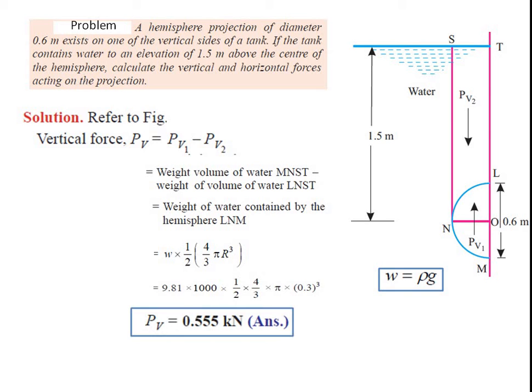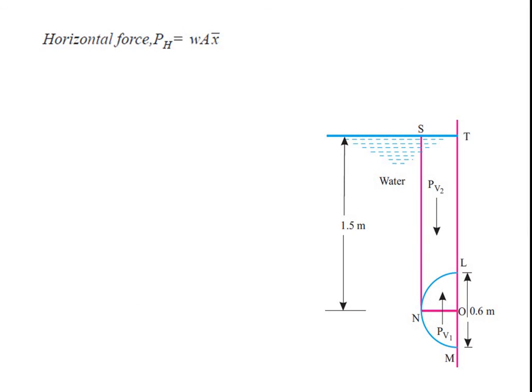So it is 0.555 kilonewton. For horizontal it is W into A into x bar.